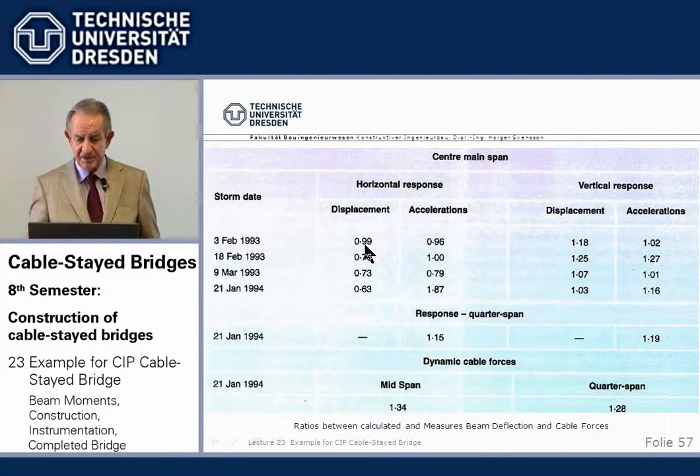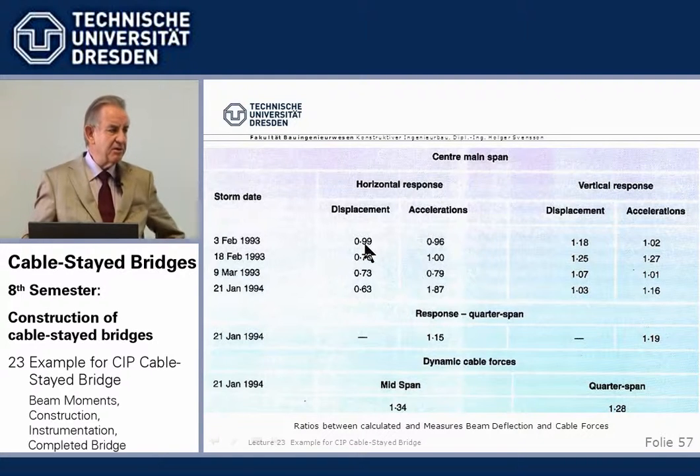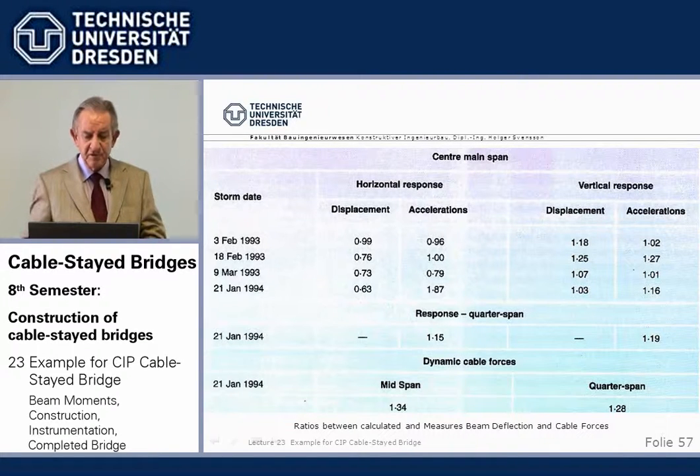And if it says here 99, it means the measured value came 99% to the calculated. It's amazing. So, for various storms, you see here the storms February, March, and January 94. Mainly these heavy storms are in winter.